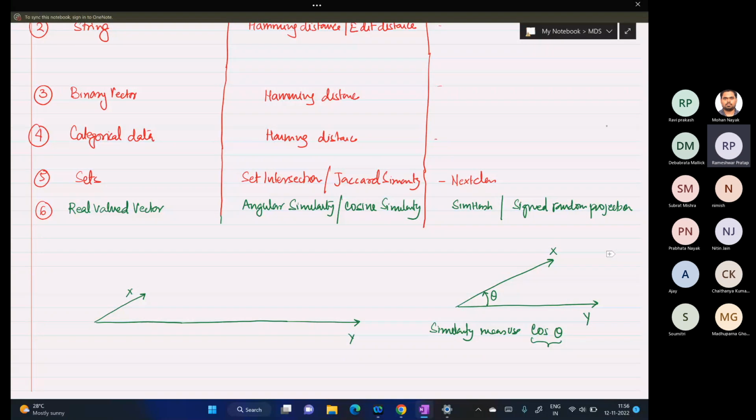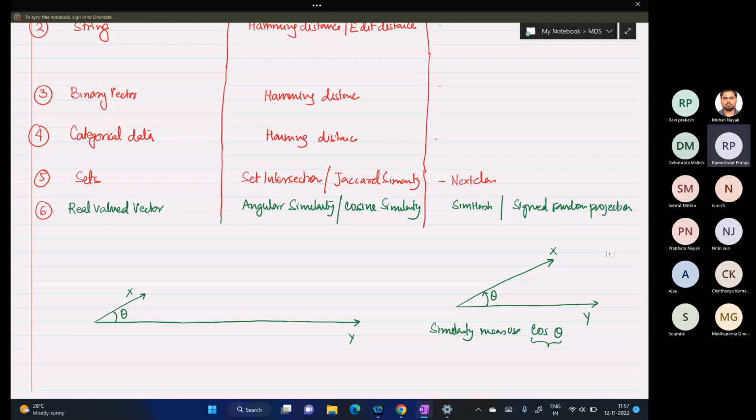So basically here their cosine similarity is high, they are very similar, but the Euclidean distance is very large. Right? So they are similar as per cosine similarity, but as per Euclidean distance, they are very far apart.